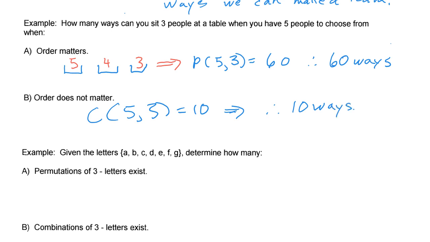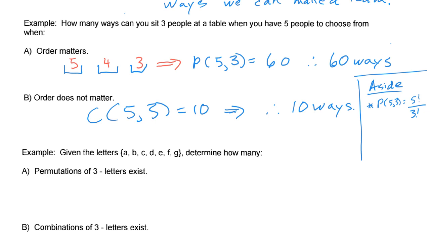So now my question is, how are these things related? If I look at the original value for what C of 5, 3 is, let's put in a little aside here. When we took a look at the first permutation, it was 5 divided by 3 factorial.